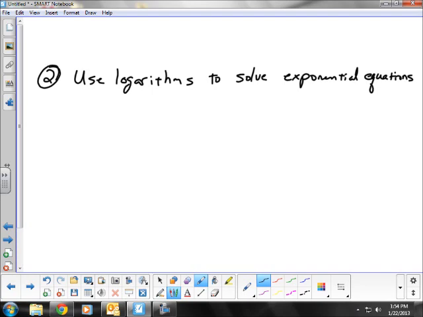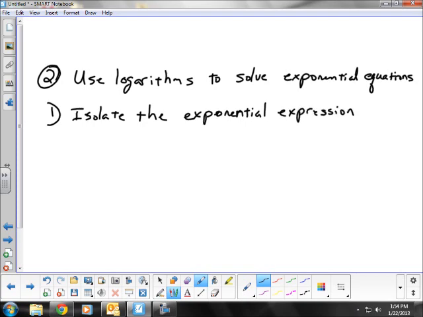So the steps for this is, first of all, you isolate, or get by itself, the exponential expression. So in other words, you don't want a coefficient, you don't want anything added to it, you want it by itself on one side of the equal sign.